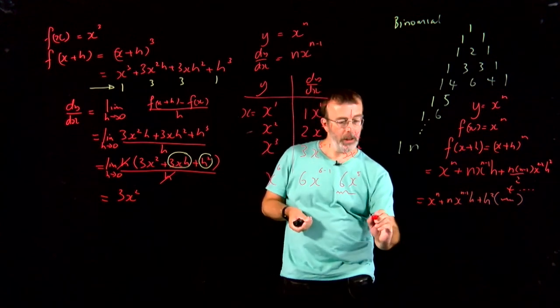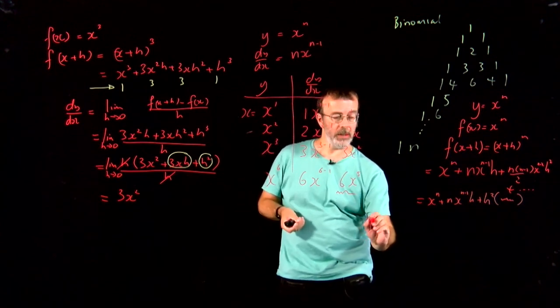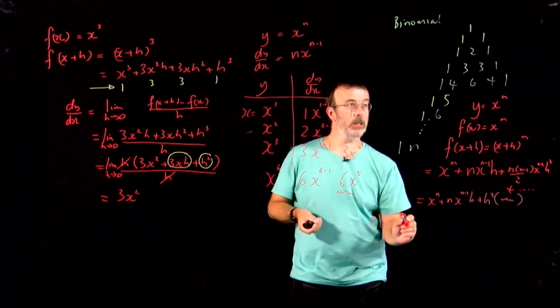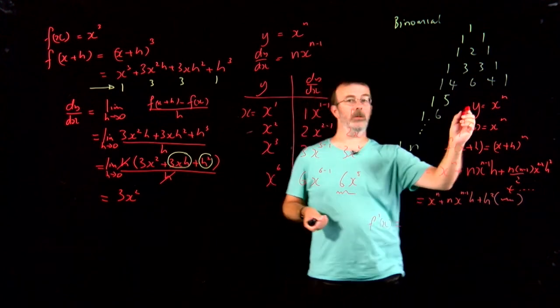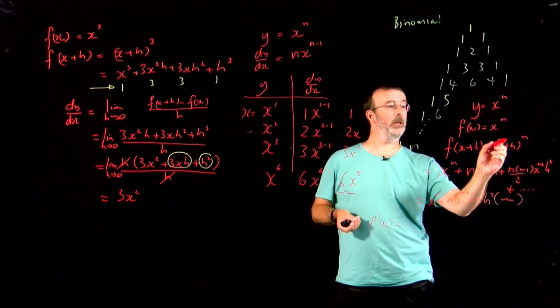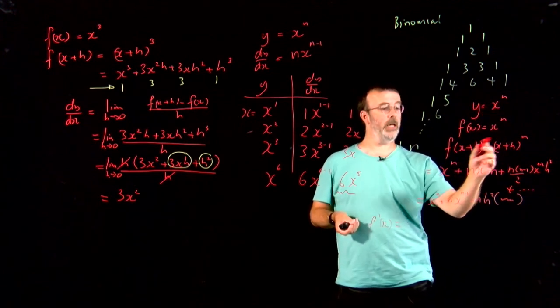And so when we are working out what f dashed of x is, or dy by dx, in this case, we're going to be subtracting the f of x from the f of x plus h.